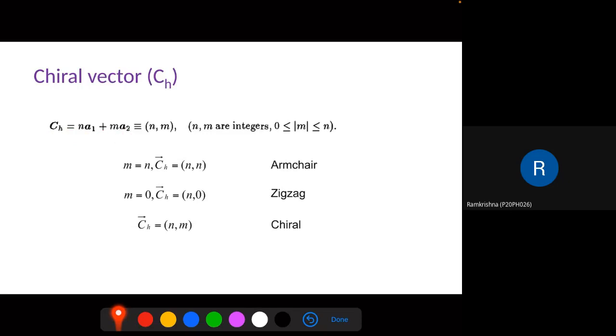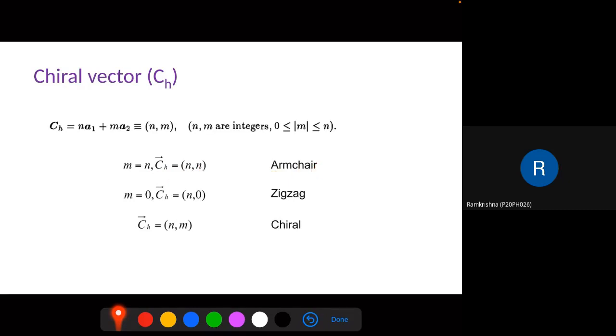And this n and m, these integers, will basically define which kind of carbon nanotube you have. Okay, and so typically if m is equal to n, so that means the chiral vector is n and n, it is called an armchair.